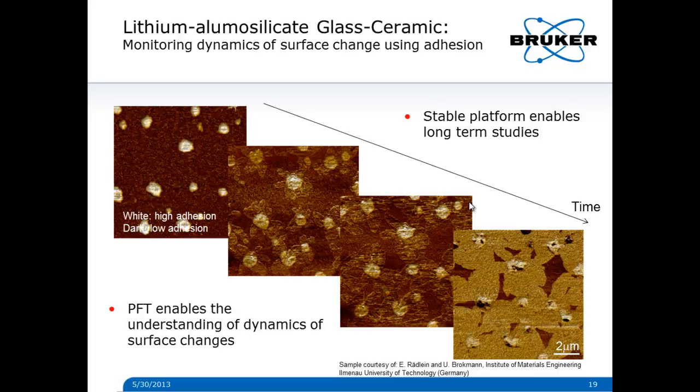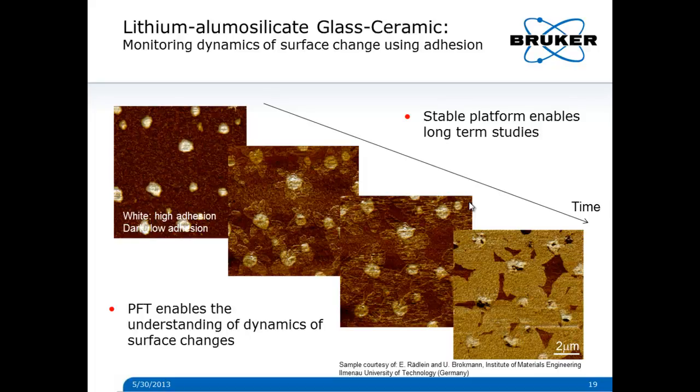Now the Dimension Icon, or Dimension Edge, is also a highly stable platform, and this allows long-term studies. This slide is about a sample that is a special glass, the lithium aluminosilicate, with a small amount of silver.